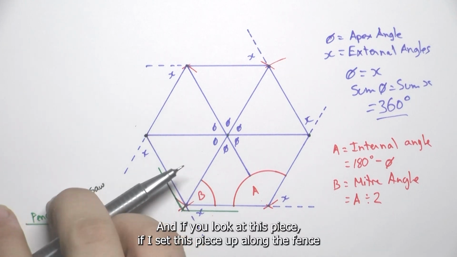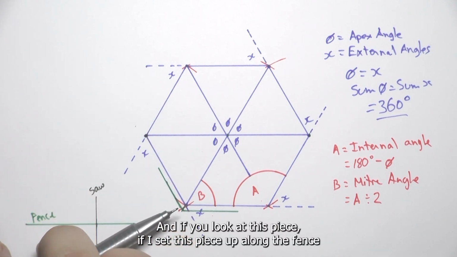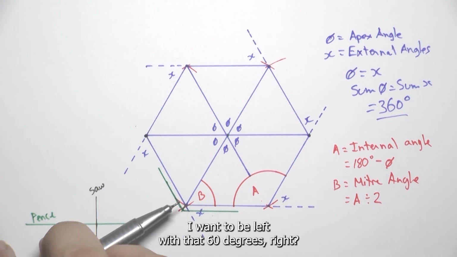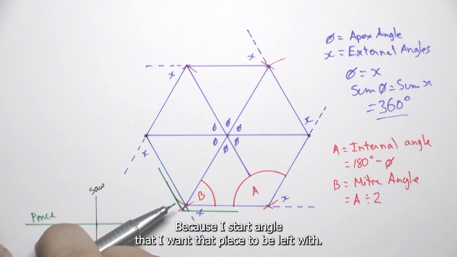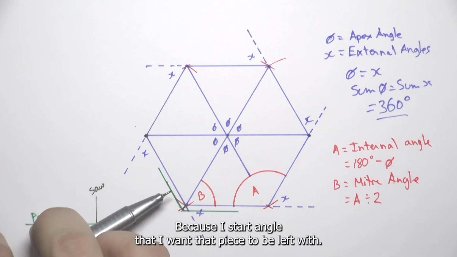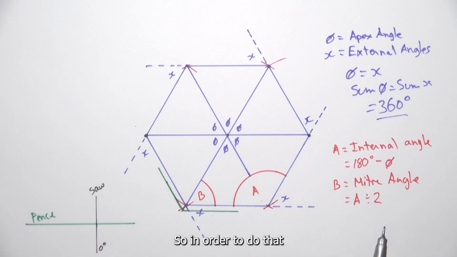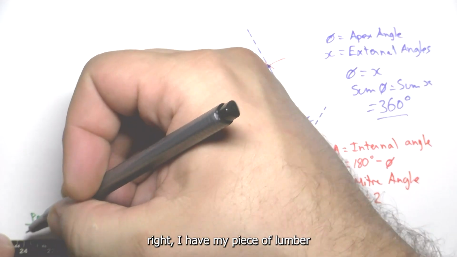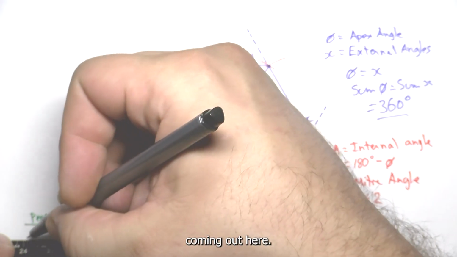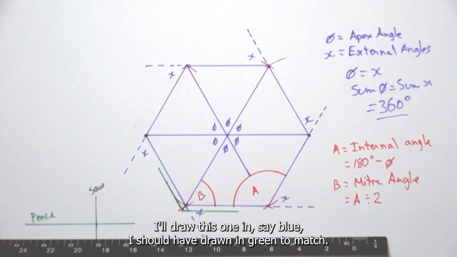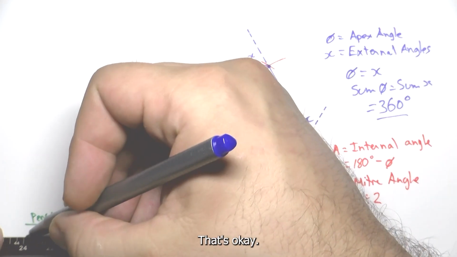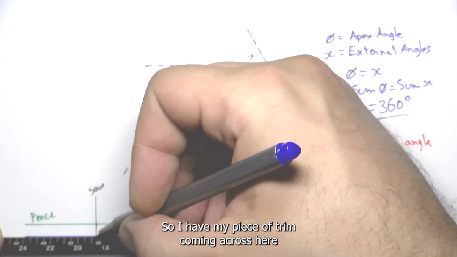And if you look at this piece, if I set this piece up along the fence here, when I take that angle back in, I want to be left with that 60 degrees, right? Because that's the angle that I want that piece to be left with. So in order to do that, I have my piece of lumber coming out here. I'll draw this one in, say, blue. I should draw it in green to match, but that's okay. So I have my piece of trim coming across here.